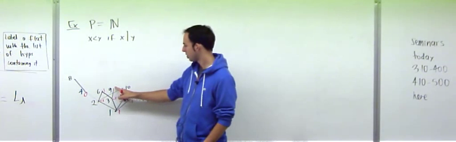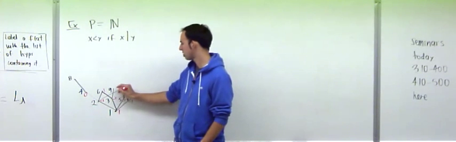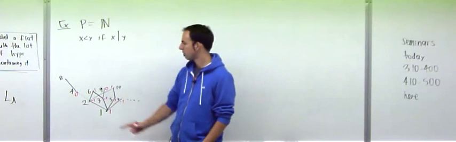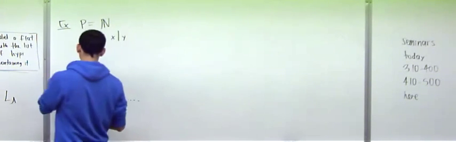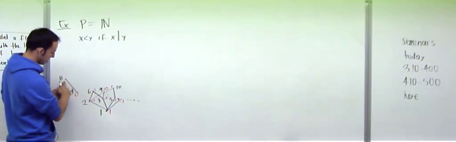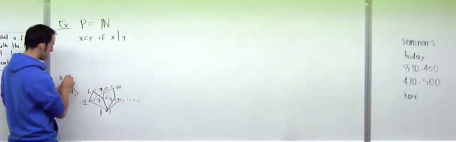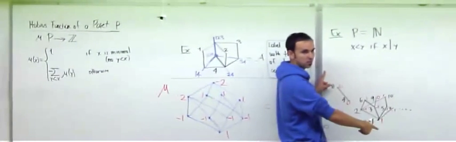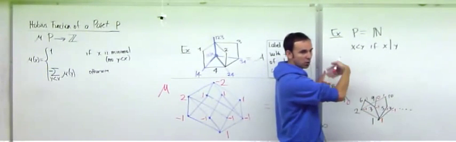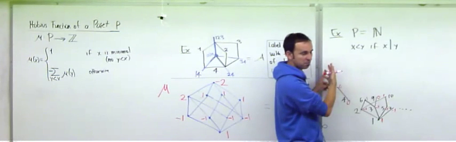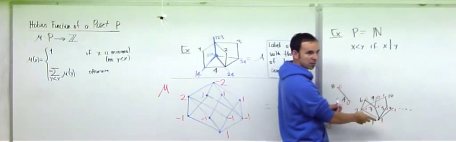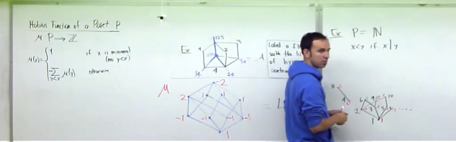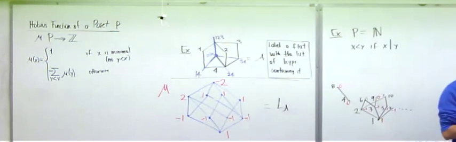For 9, the ones below are this 3 and this 1, so I get a 0. For 10, I get a 1, and so on. What about 8? Well, the numbers below it are this 0, this minus 1, and this minus 1, so I have to put a 0. What about 16? Well, 16 is also a 0. And that's why when you put more and more powers of the same prime, you still get 0. But when you put different primes, then you have this alternating 1, minus 1, 1, minus 1, etc.